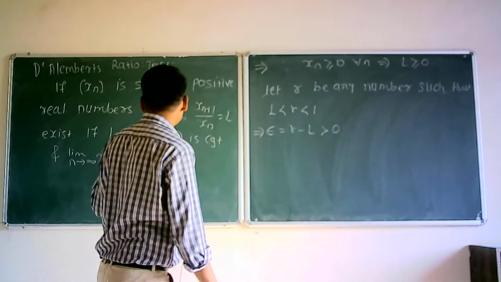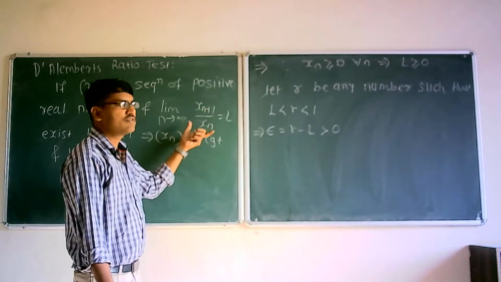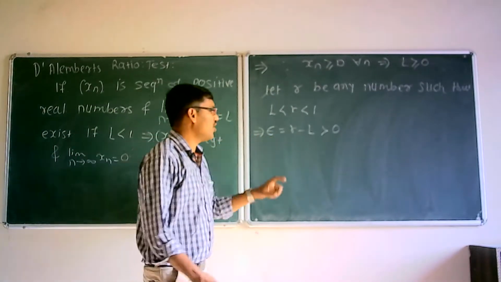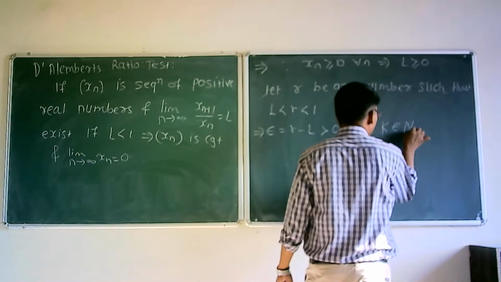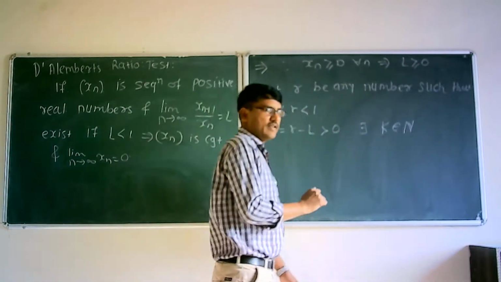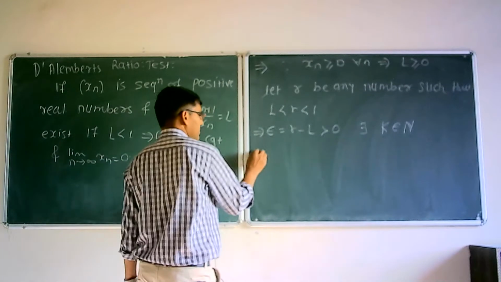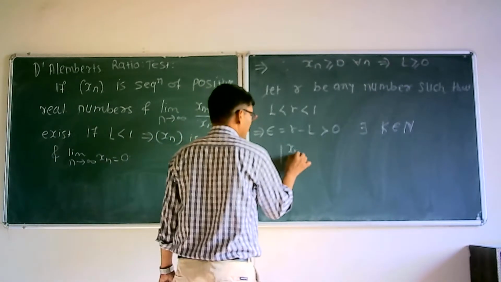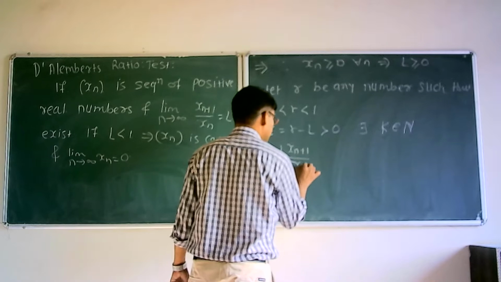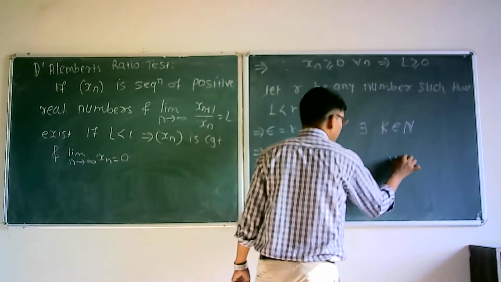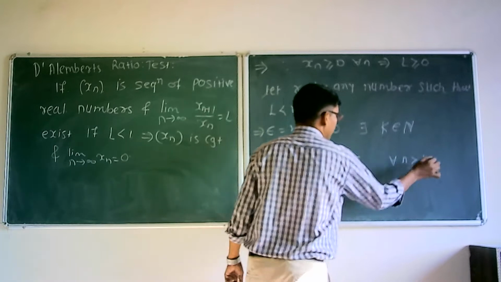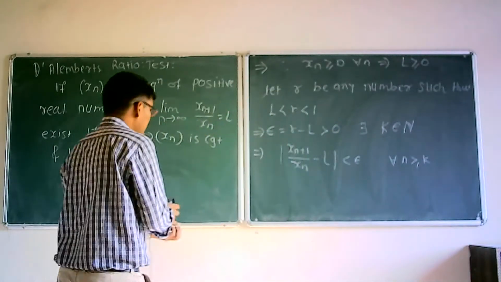Now since this sequence is convergent, for this epsilon there exists a natural number k belongs to N such that the modulus of xn plus 1 upon xn minus L is less than epsilon for every n greater than or equal to k.